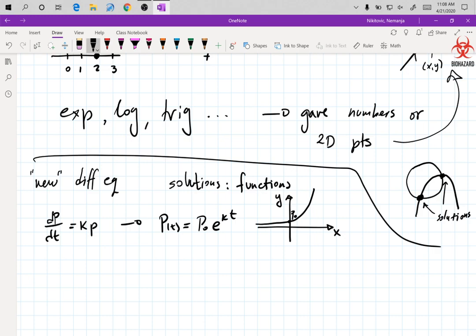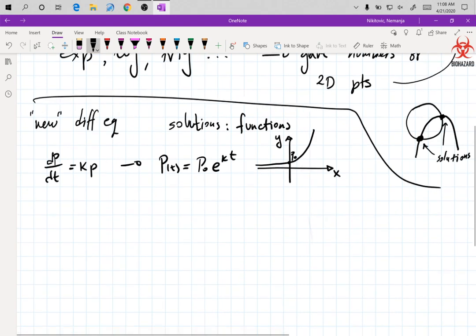So the entire exponential function was the solution to the problem, and we are expecting to see different solutions as functions, and you can draw those solutions.